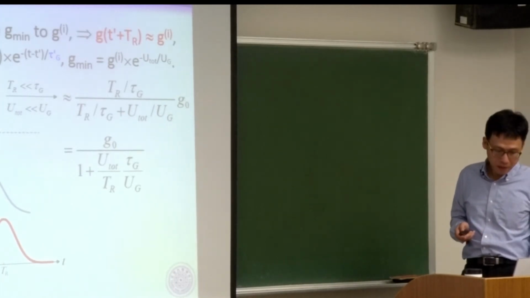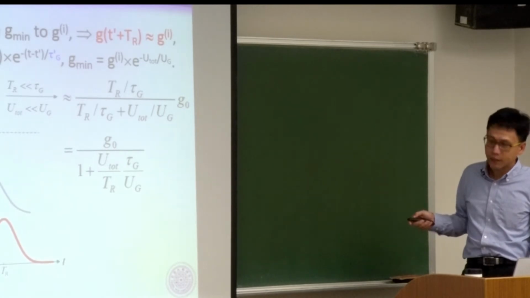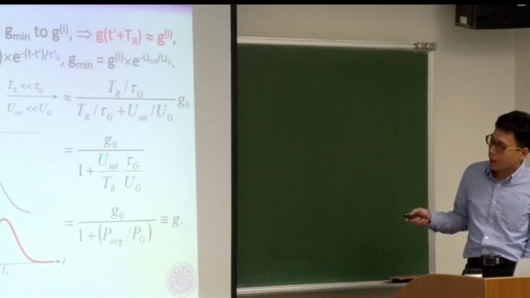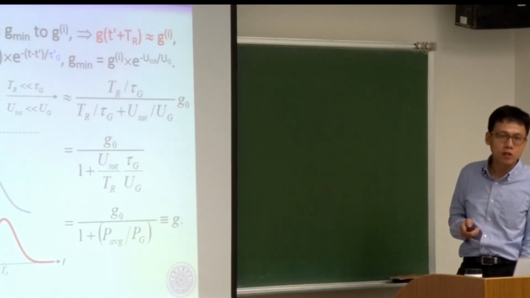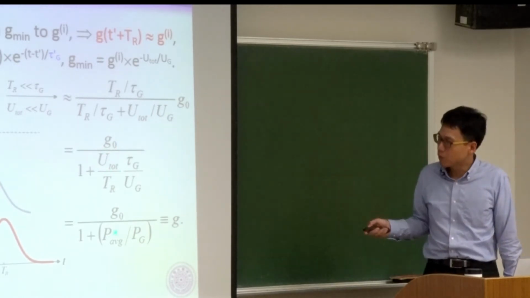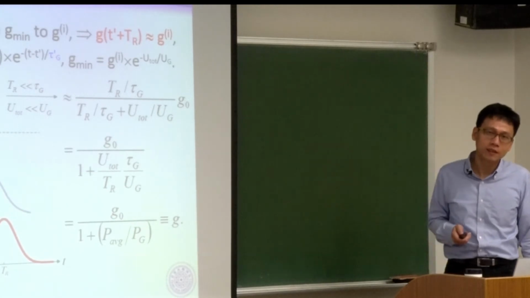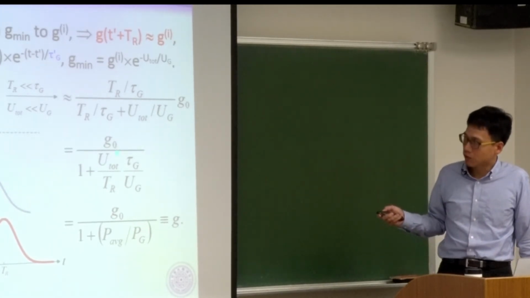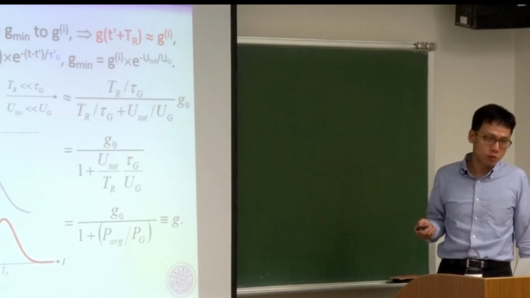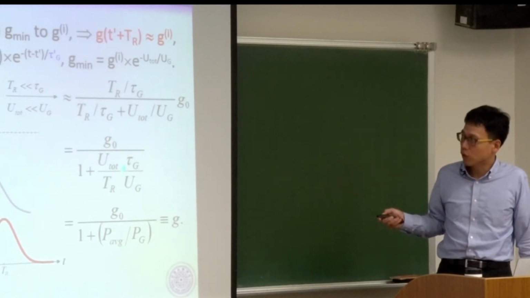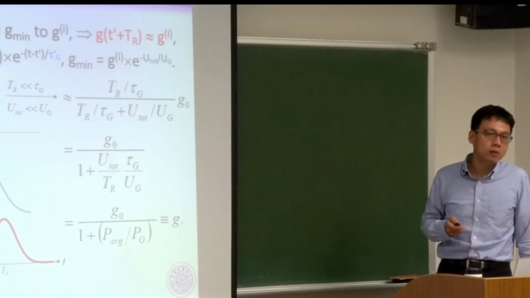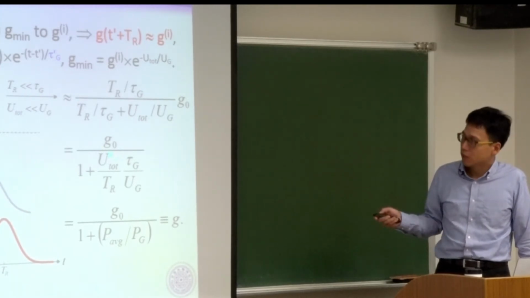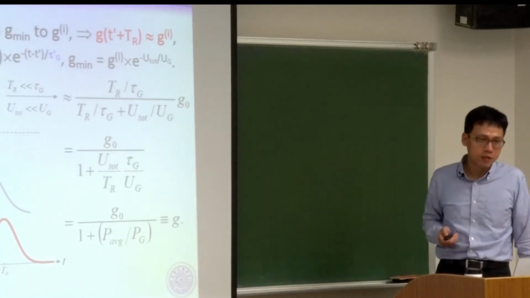Okay? But if you check the definitions, you can see total pulse energy over repetition period is simply the average power of your pulse train. The energy of each pulse divided by the time spacing between pulses is the average power of this pulse train. So the first one is average power.